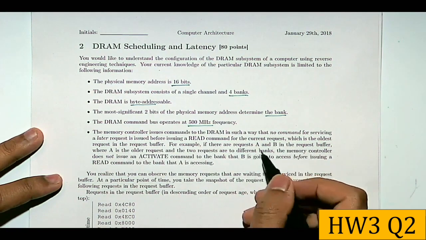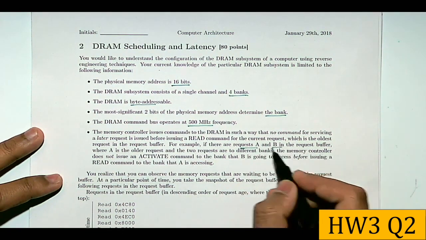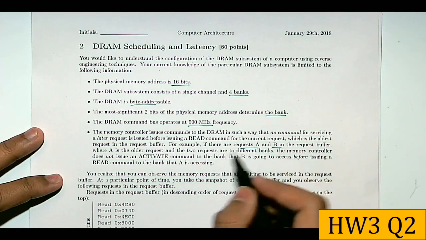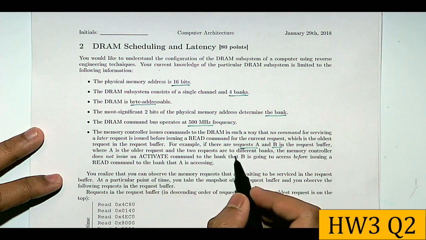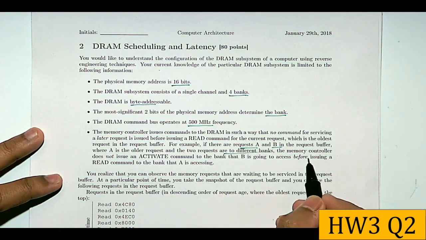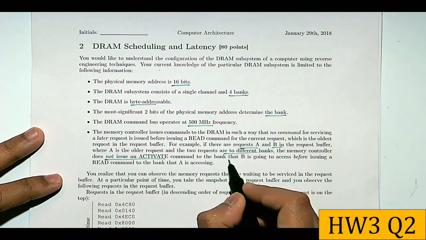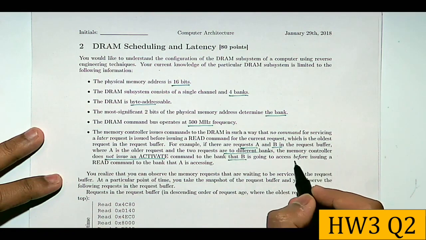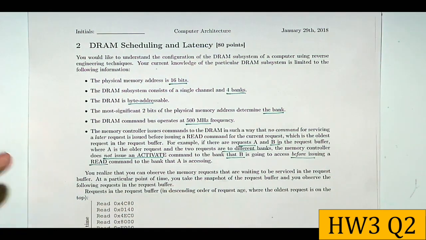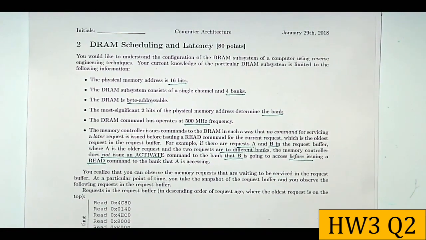So if you have 2 requests, A and B, and A came first, even if A and B are going to 2 different banks, the memory controller does not issue an activate command to the bank that holds B before issuing a read command for A. So you can think of it as first come first serve rather than any open row policy, completely oblivious to bank parallelism.